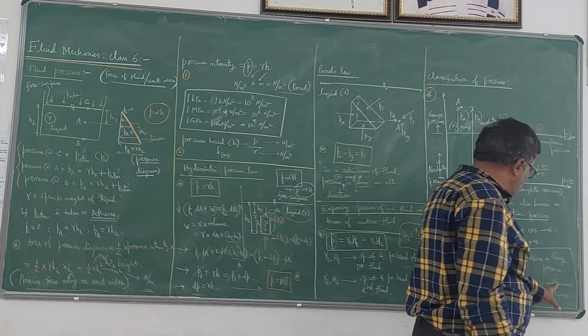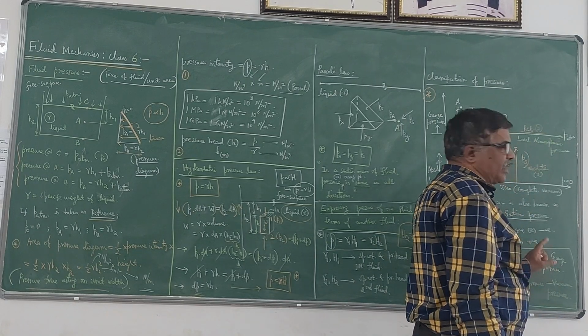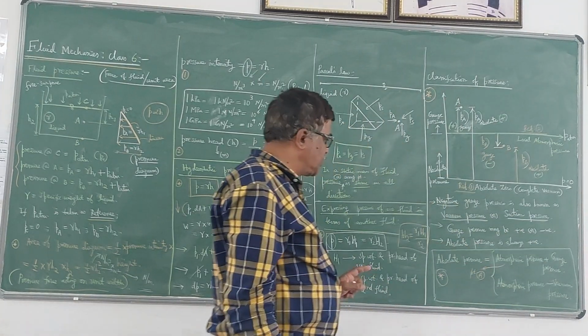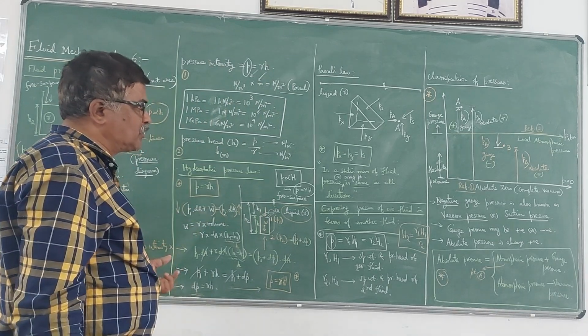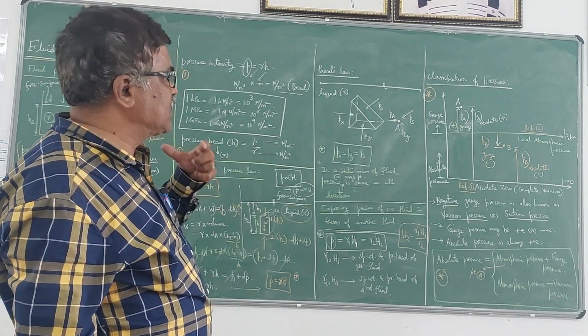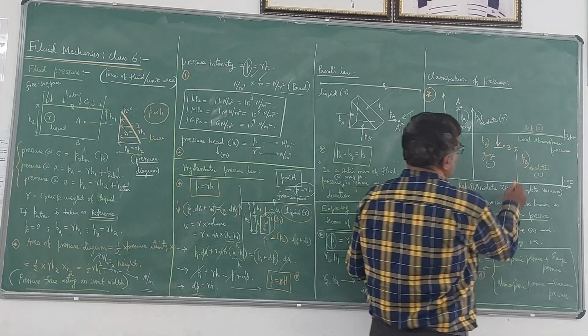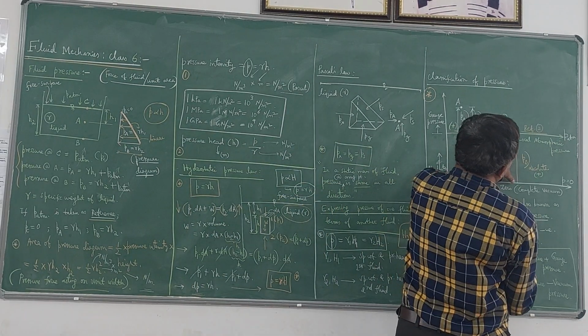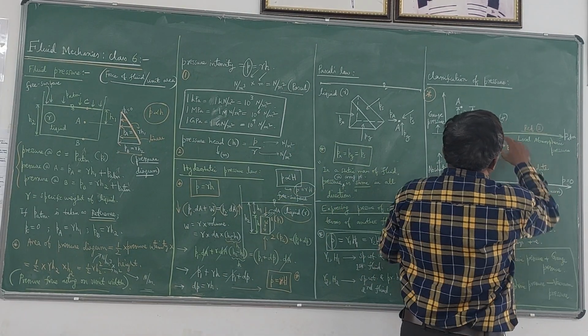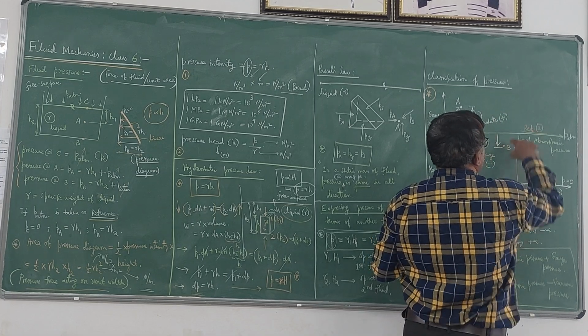So here I have to deduct, and there I have to add. If the gauge pressure is positive, we add it to the atmospheric pressure. If the gauge pressure is negative, we deduct that vacuum pressure from the local atmospheric pressure to get the absolute pressure.